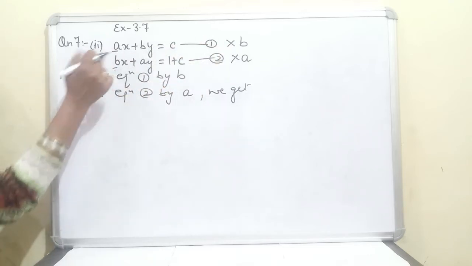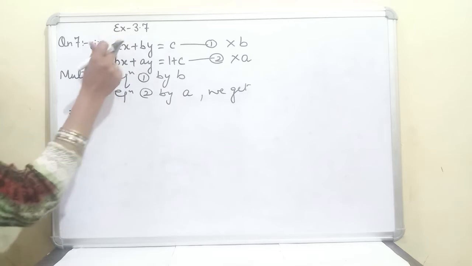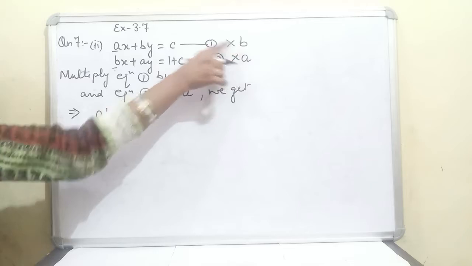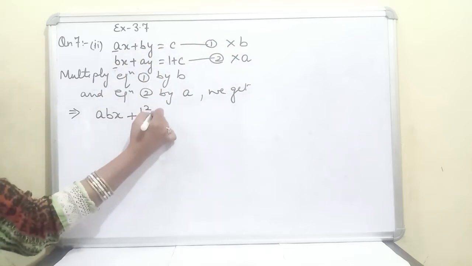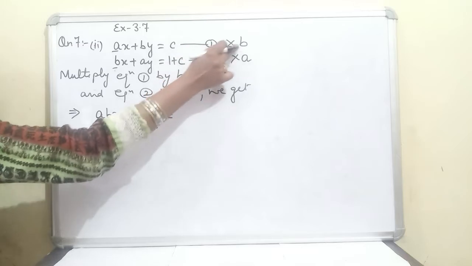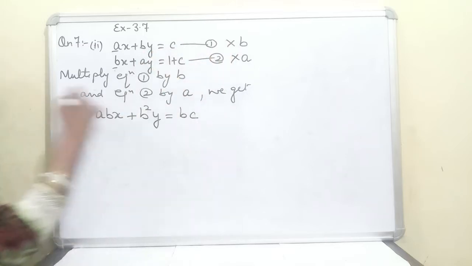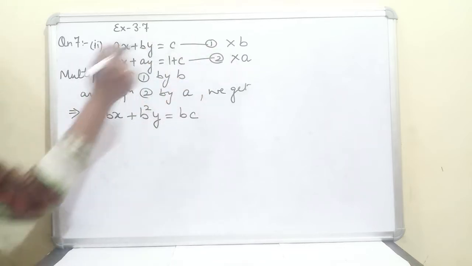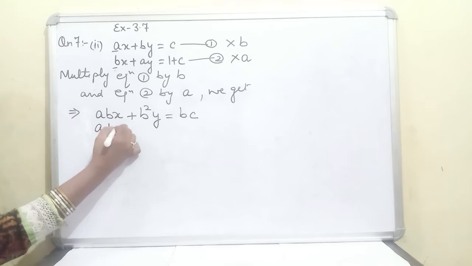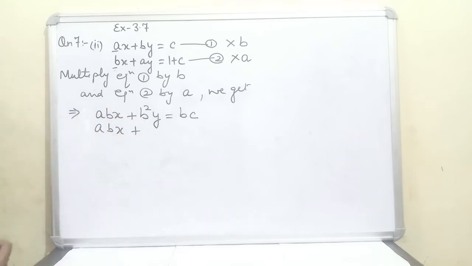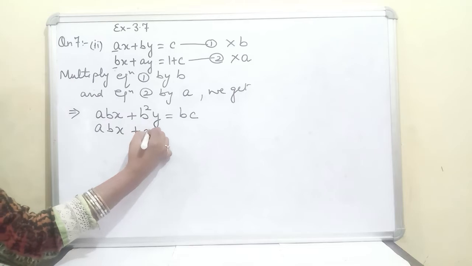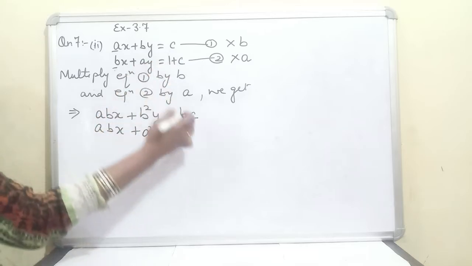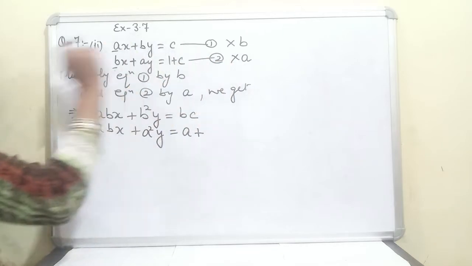Yes, it will be abx plus b square y. b into b is b square y equals bc. In the same way, what will be the second equation? After multiplying it with a, we get bax, yes, abx or ba or ab is the same thing. a into a is a square y equals a into 1, a plus c, plus a into c, ac.